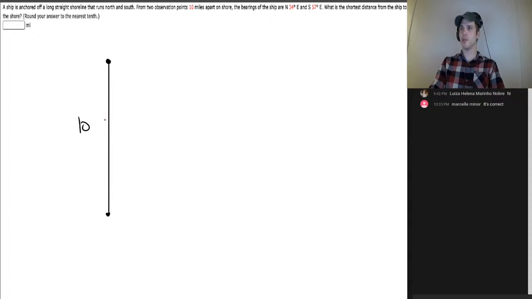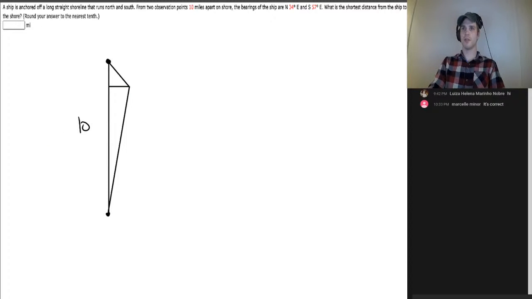The line of bearing is north 34 degrees east, so we go north 34 degrees east. It's going to be something like that. And then south 57 degrees east. I don't know if that's to scale, but it's the best I could do.